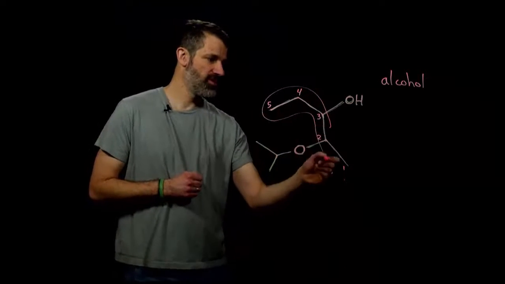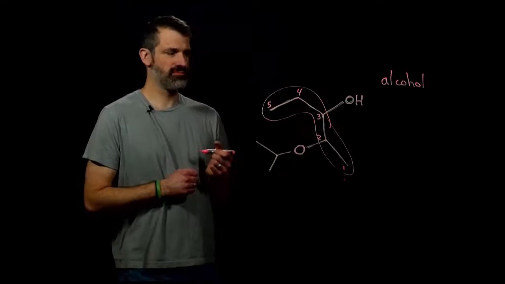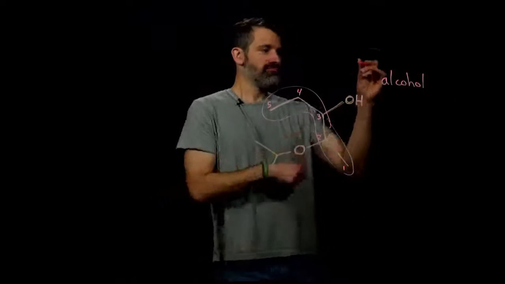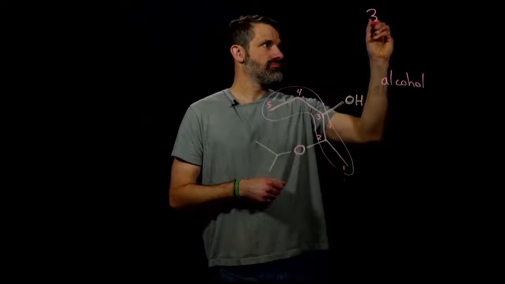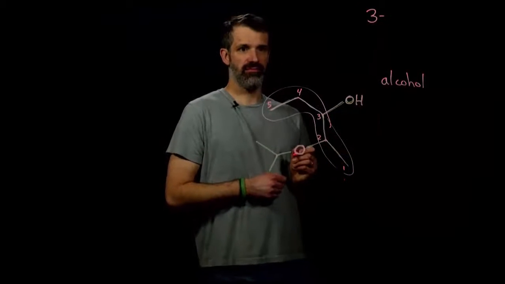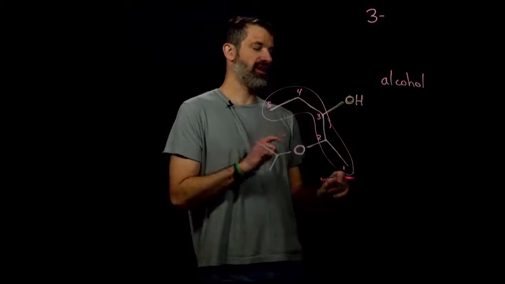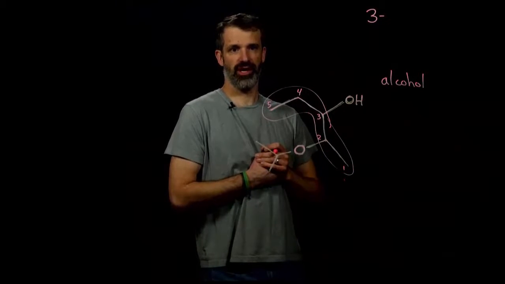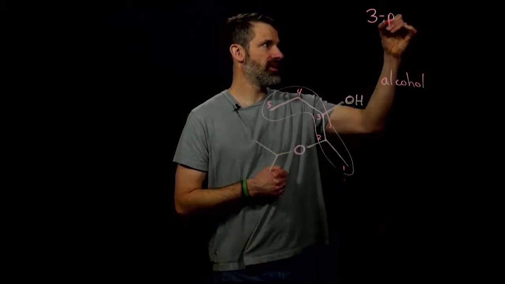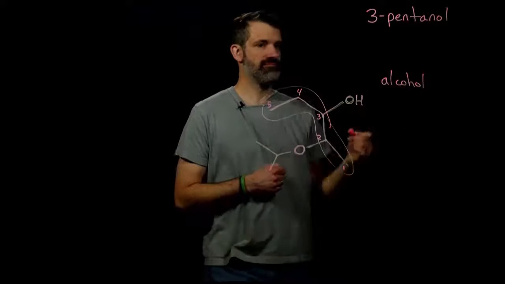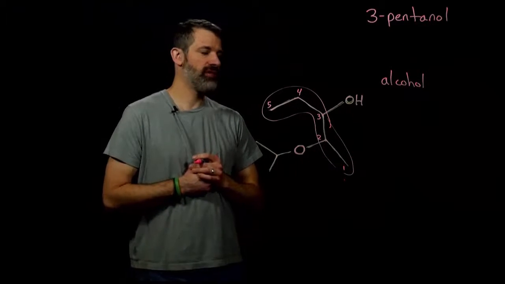So here's my parent chain. With my parent chain, I would need to designate the position of that alcohol group, 3. A 5 carbon long parent chain turns pentane into pentanol. So this is a 3-pentanol compound.